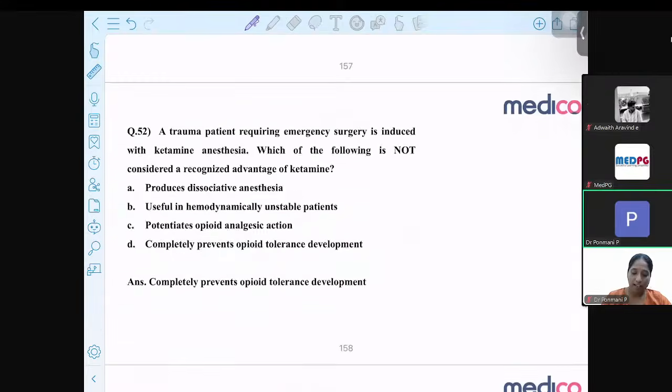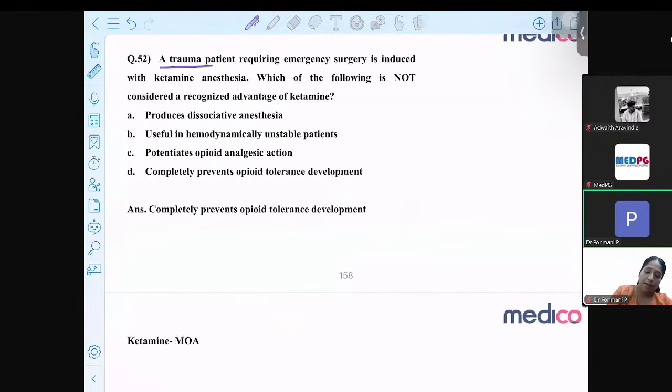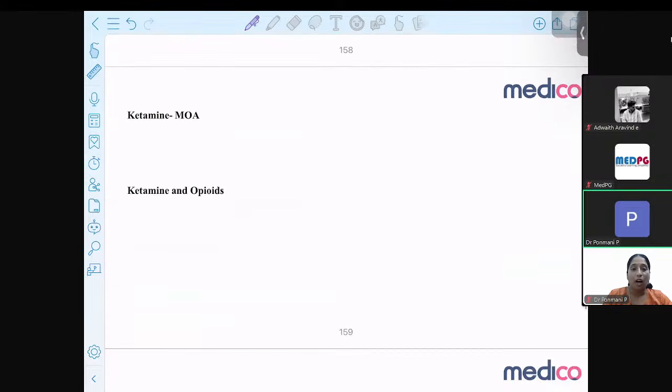Now we will move into the next question. A trauma patient is requiring ketamine anesthesia. Which of the following is not considered a recognized advantage of ketamine? So now we will look at what ketamine is used for and the relationship between ketamine and opioids. Ketamine is an NMDA receptor antagonist.